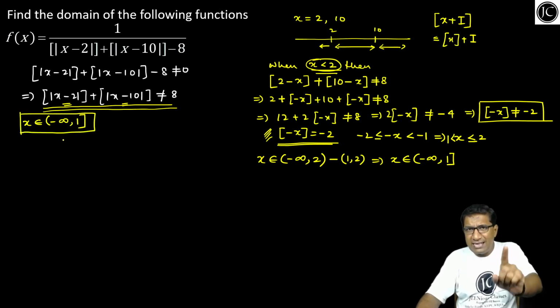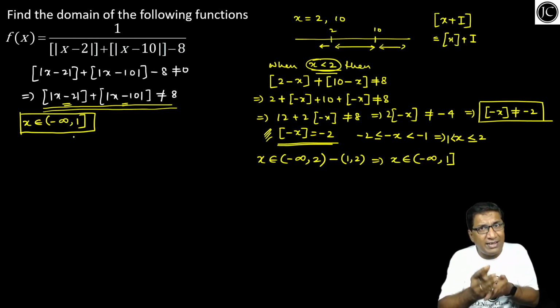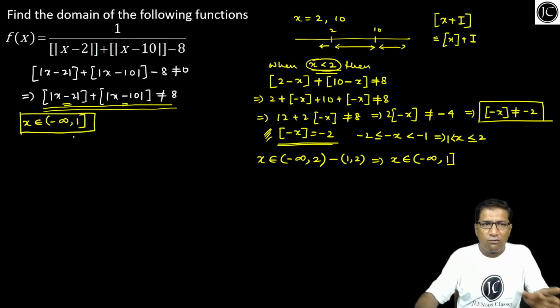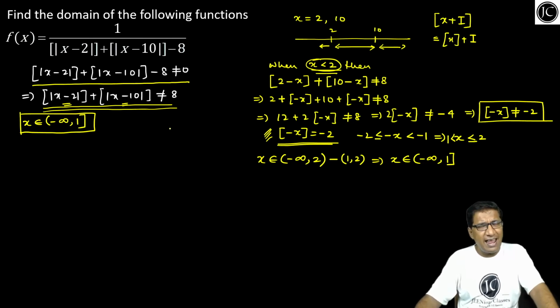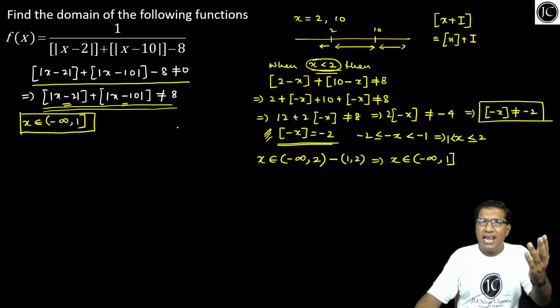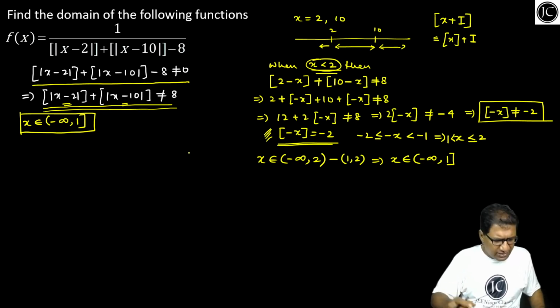Okay? For this values, all the values which is lying between minus infinity to 1 included, for that, this one will not be equals to 0. Is it clear? Eventually, it will define the function.